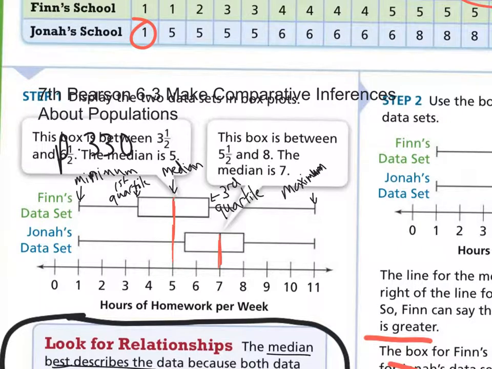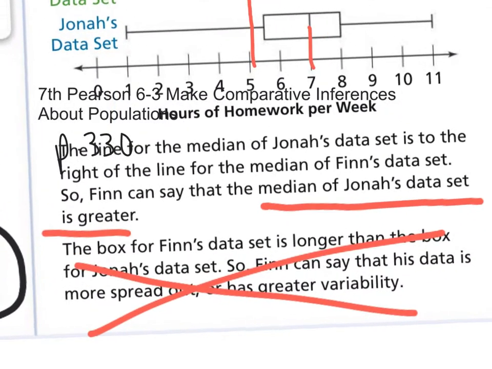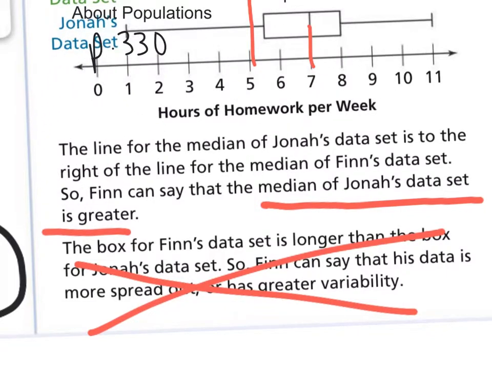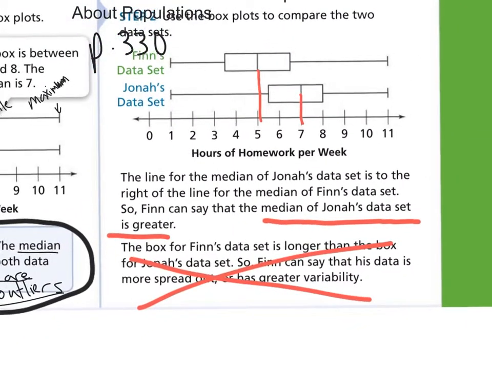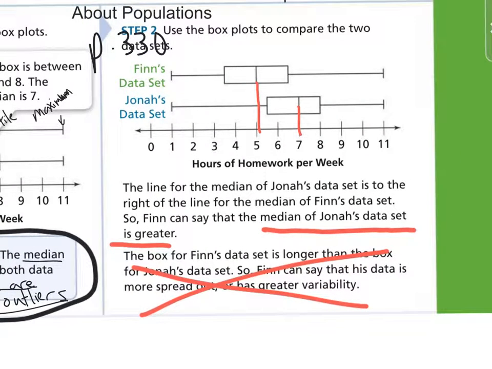You can see with the medians that Jonah's school had a higher median. So we could just say the median of Jonah's data set was greater. What does that mean? For Finn's school, half the people spent more than 5 hours on homework, half spent less. At Jonah's school, half spent more than 7 hours and half spent less.